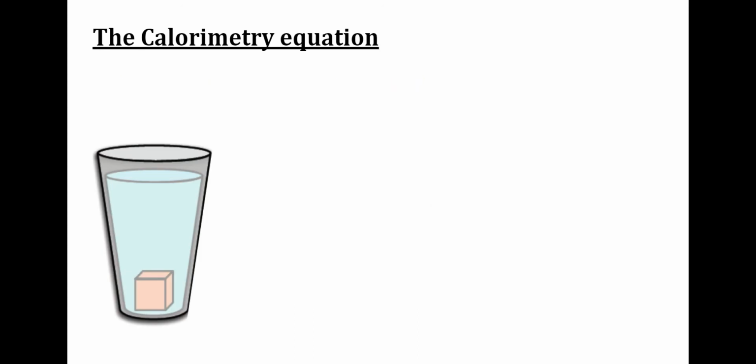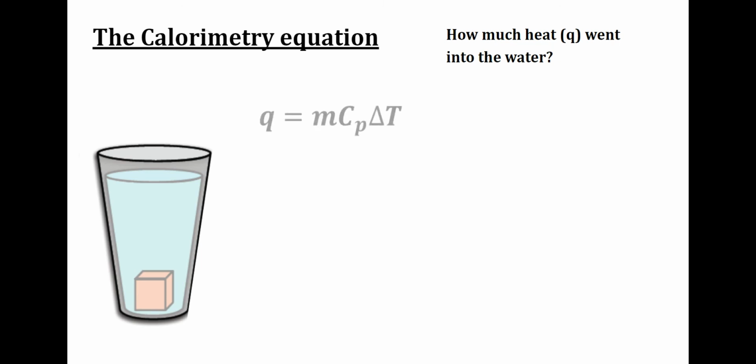Well, when we take our values of temperature and mass that we measured, we can figure out the amount of heat that went into the water. We use our equation, Q equals mCp delta T, and we know that the mass of the water was 150 grams. The heat capacity for the water is 4.184 joules per gram per degree Celsius.